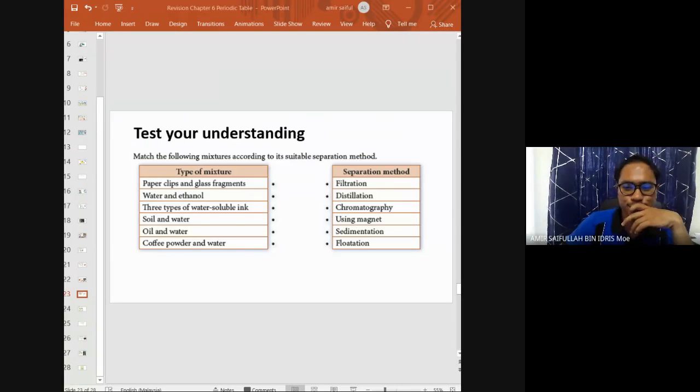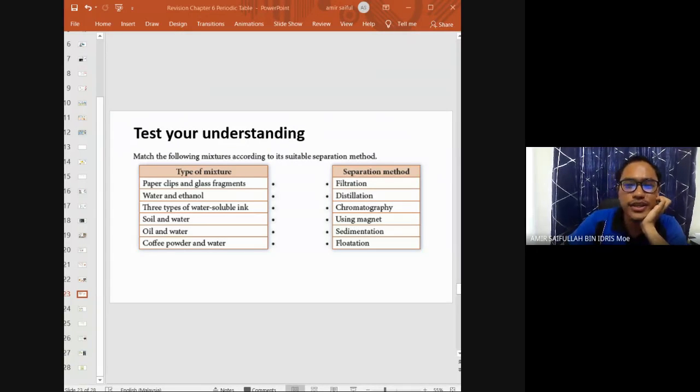Left terus. Macam mana ni? Fasha Kristina ada? Okay, Fatin. Mana kamu semua ni? Ada ke tak ada orang ni?